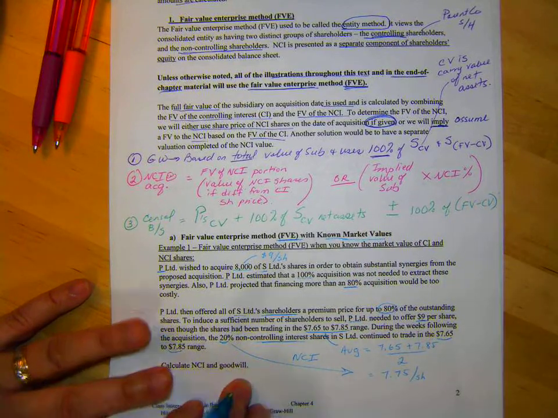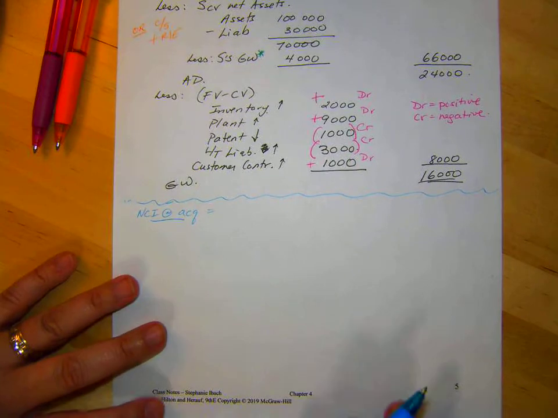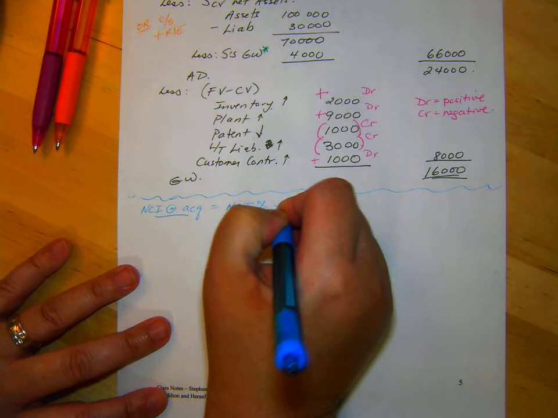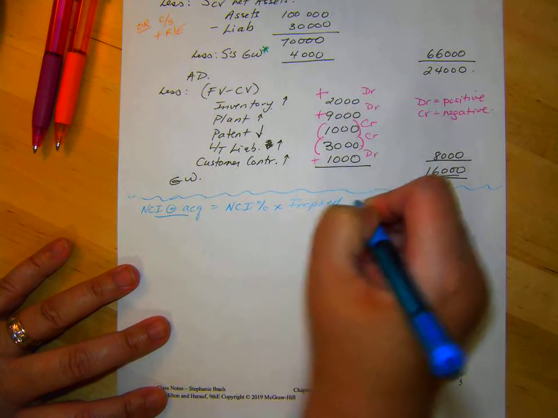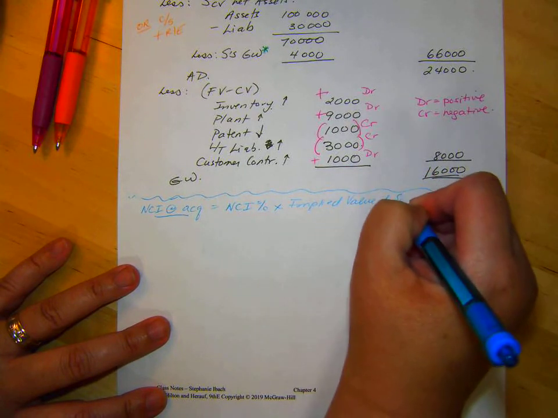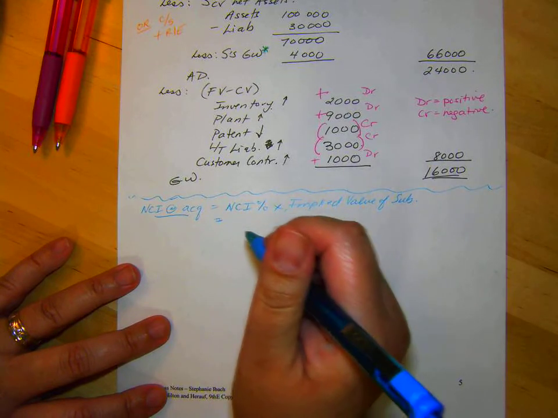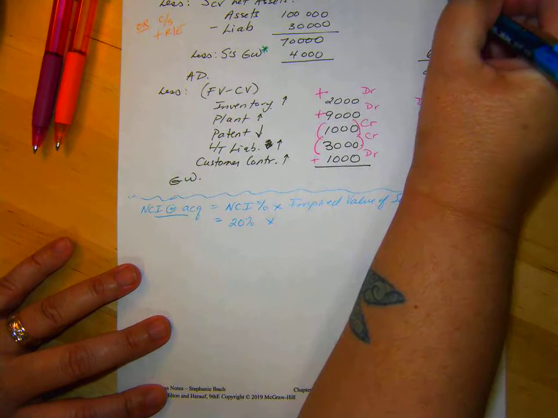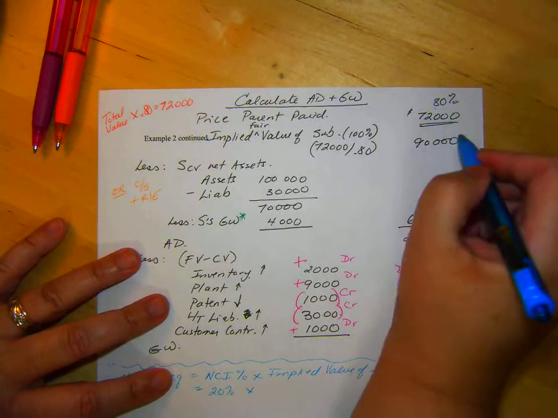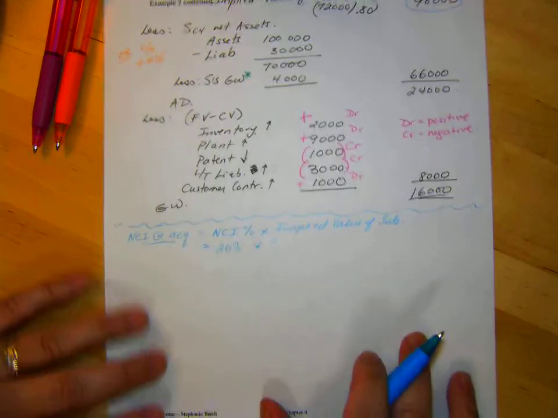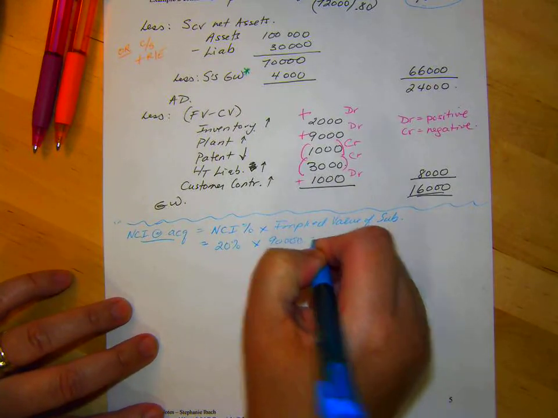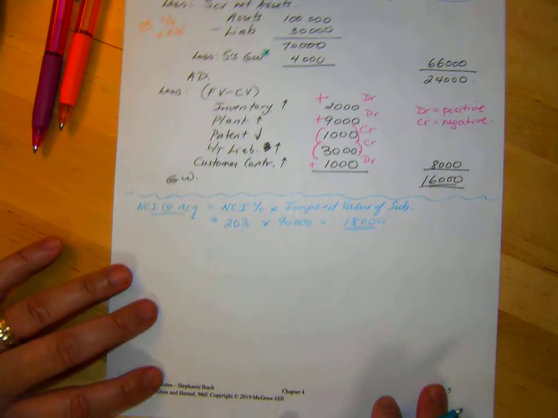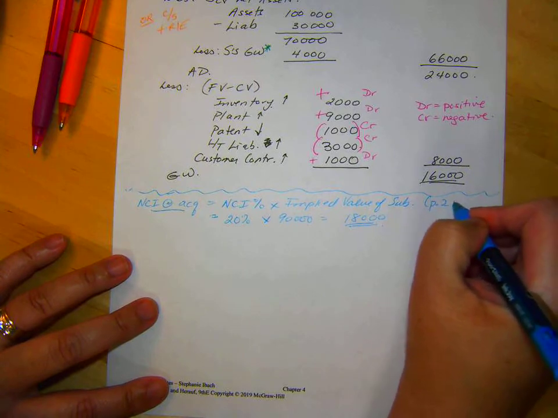That's it. Okay, so NCI equals NCI percentage times implied value of the sub. So our NCI percentage is 20%. The implied value of the sub, up here we've already calculated, is 90,000. And this was from page 2 of notes.